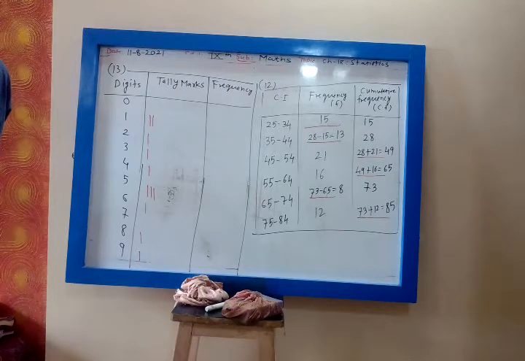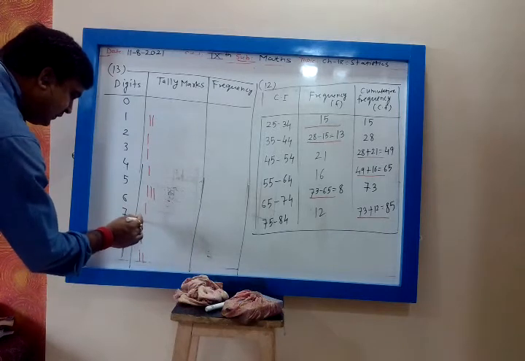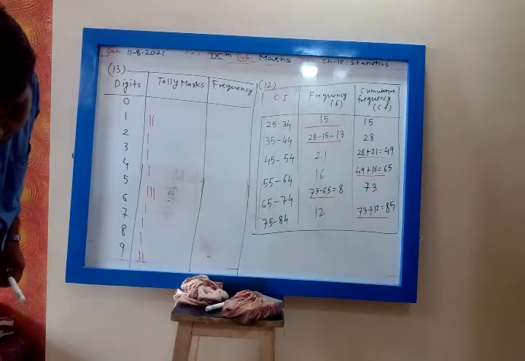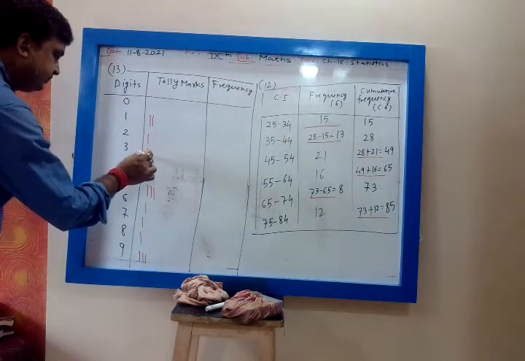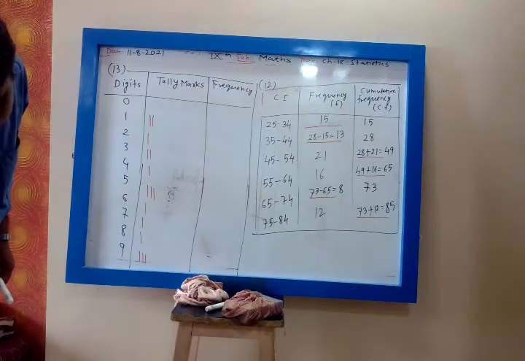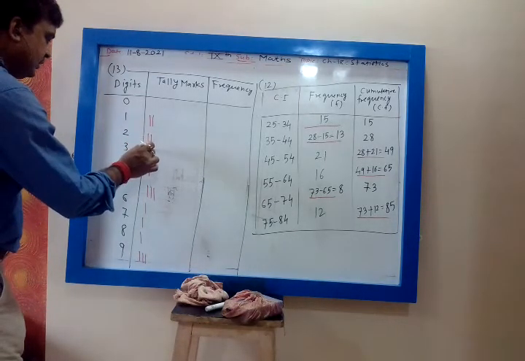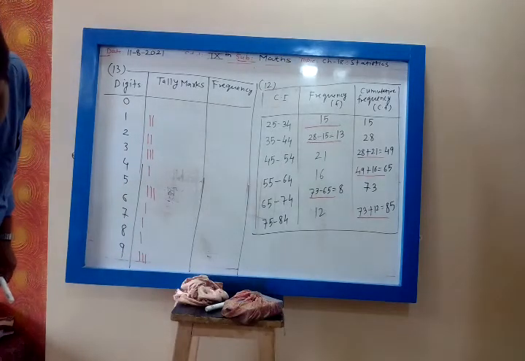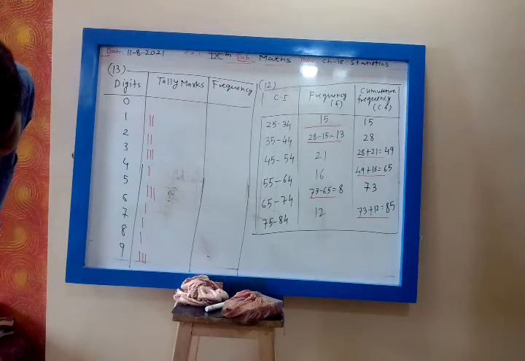Then 9, 7. Then 9, 3. Then 2, 3. Then 9, 3, 2, 3.